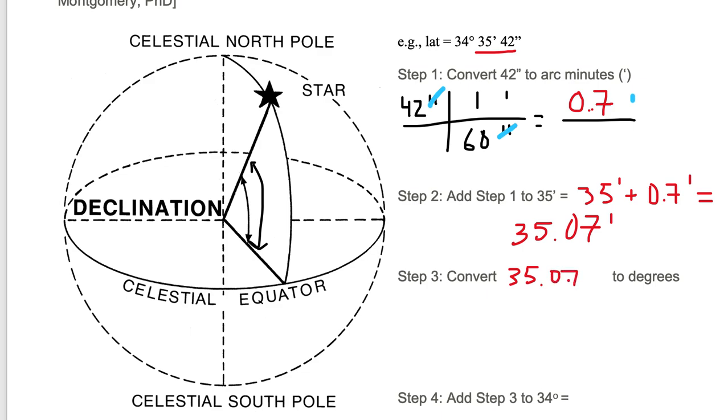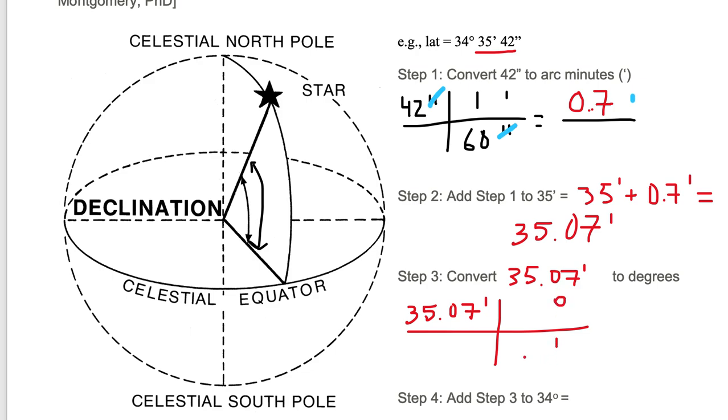So to do that, we need to build another railroad track. We start with our answer, 35.07 arc minutes. We build a railroad track. We don't want the units of arc minutes, so we put them in the denominator. In the numerator, we want units of degrees.